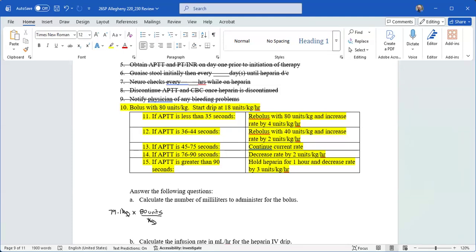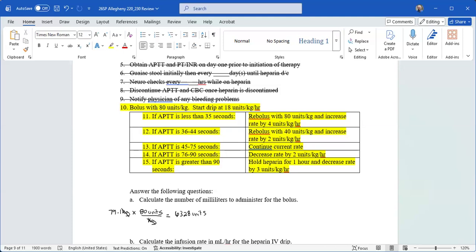In the past, I've answered this as equals how many units. The other way I can do this is to continue the dimensional analysis, which is usually what I do when I plug it into my calculator. But I will go ahead and answer this for the units just so you can see where we get. So I'm going to take that 79.1 times 80, and I'm going to get 6,328 units.